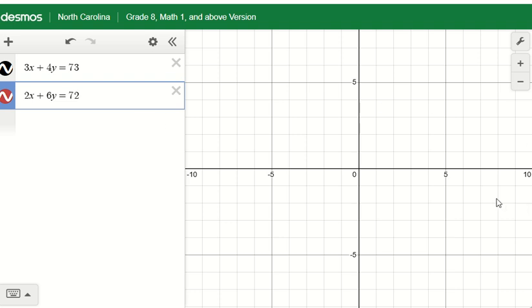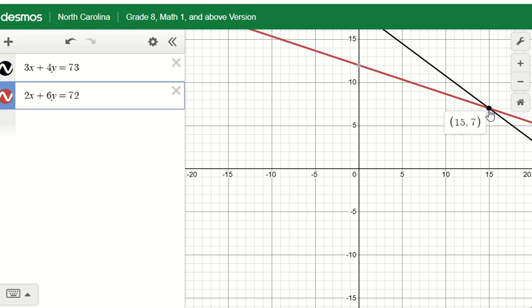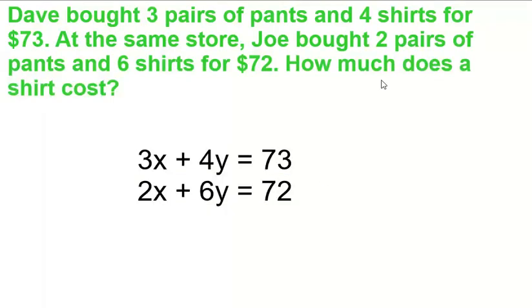This would be an example where we're zooming out because we got higher numbers to work with. So I got an ordered pair right there. What's the answer? All right, so what's the question asking us for? Shirts. Which letter did I make shirts?